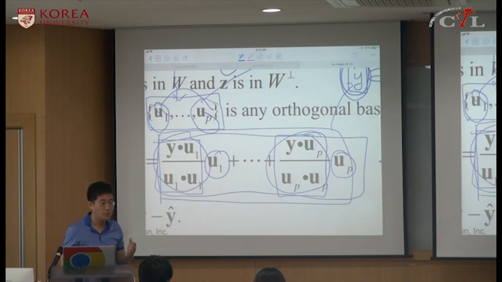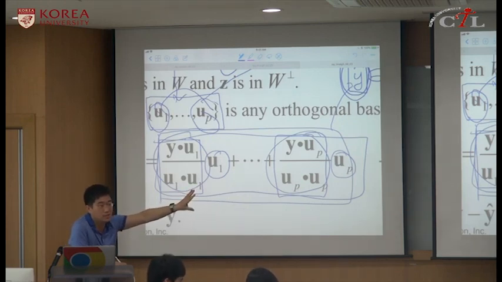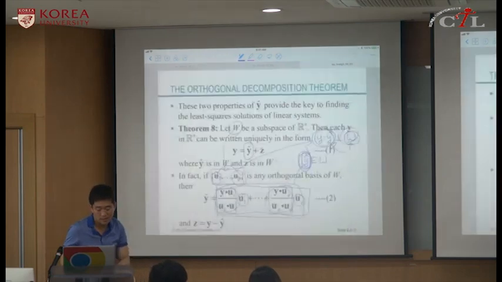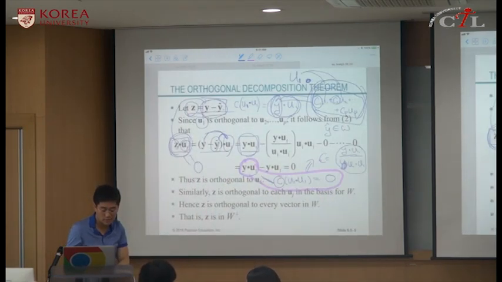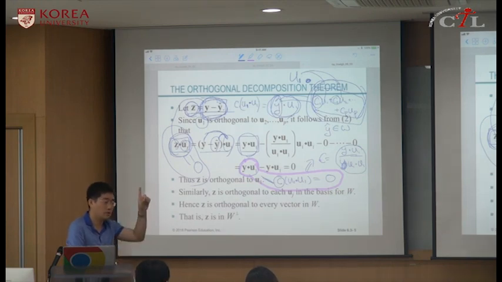Okay, so which conditions or requirements led us to this representation? The main equation that we used was this constraint: the vertical vector y minus y hat, which is the remaining component, should be perpendicular to any given vector in W, which means that vertical component should be orthogonal to each of our basis vectors in the subspace W, right?